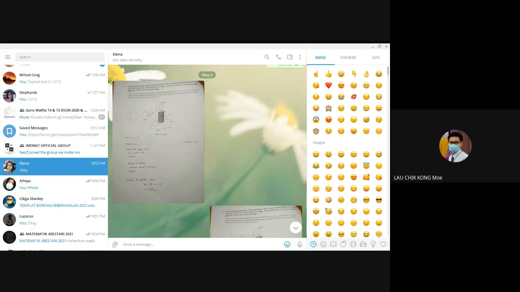The combined volume is 404. This 404 centimeter cube includes the volume of the crescent and the cuboid, and we have 2 cuboids.